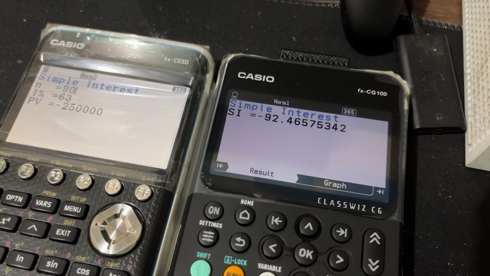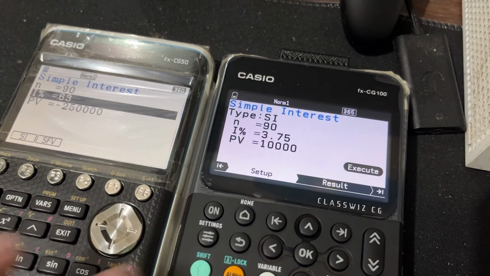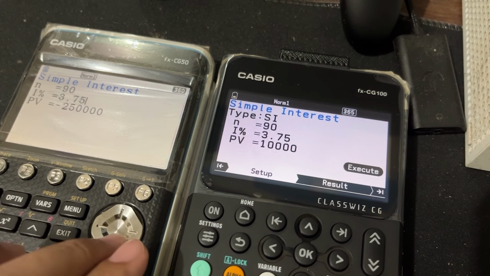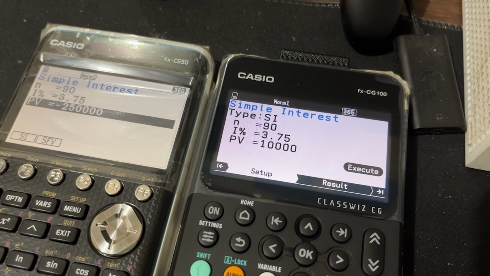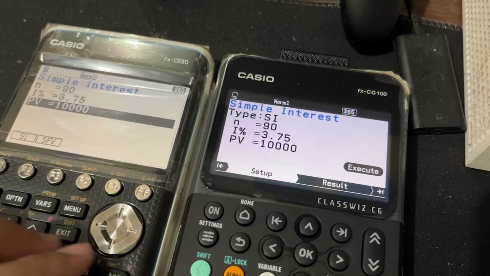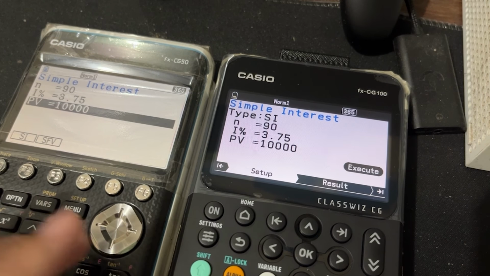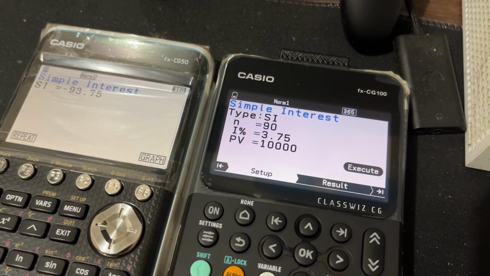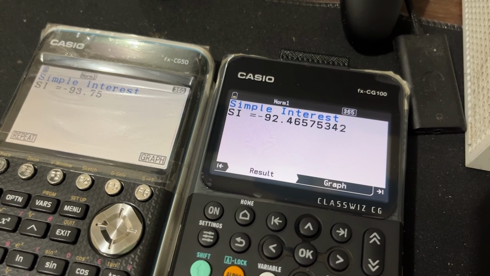You get 90 days, and you get 3.75 per annum. And this one, you get a 10,000 deposit as your principal. So click execute. It's 93. Click execute. It's 92. It looks like different.